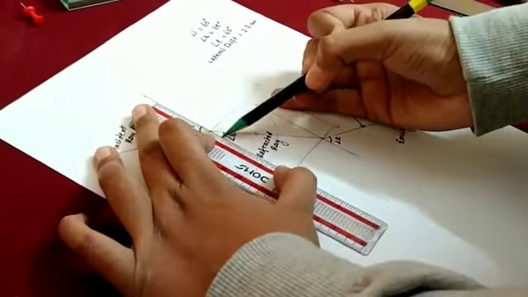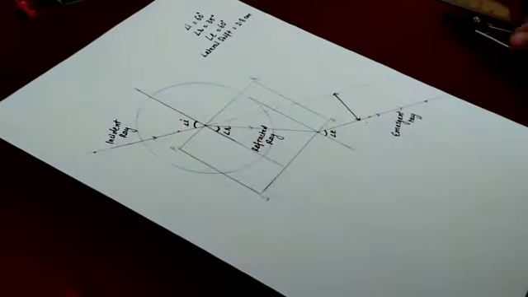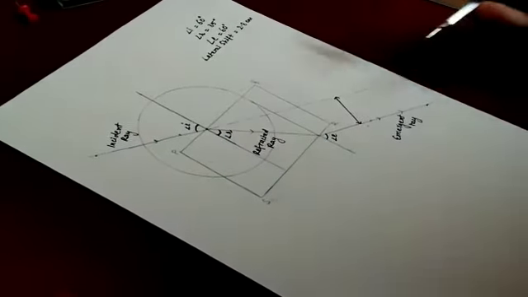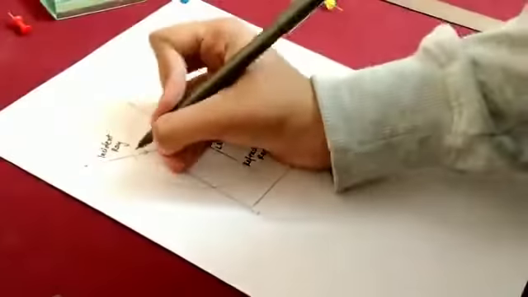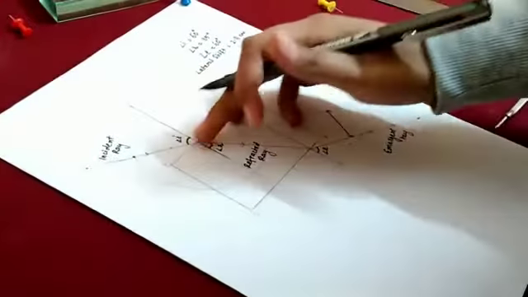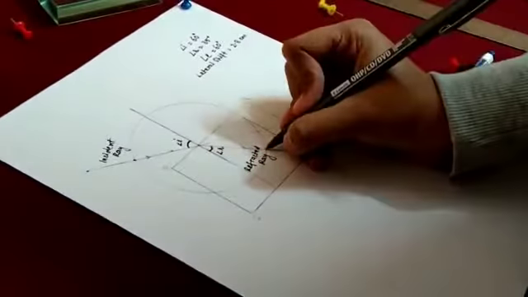So here I'll extend the normal a little bit and I can see that the incident ray intersects the circle at this point. So let us mark this point.